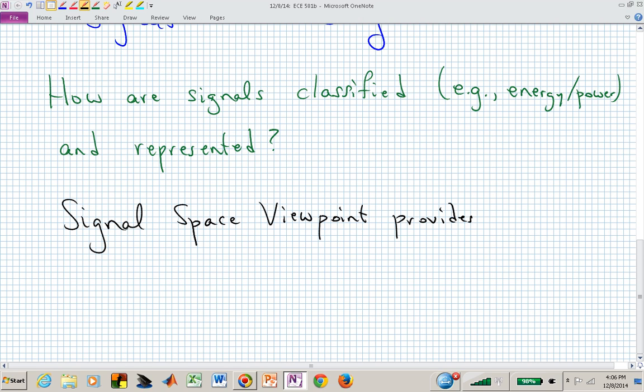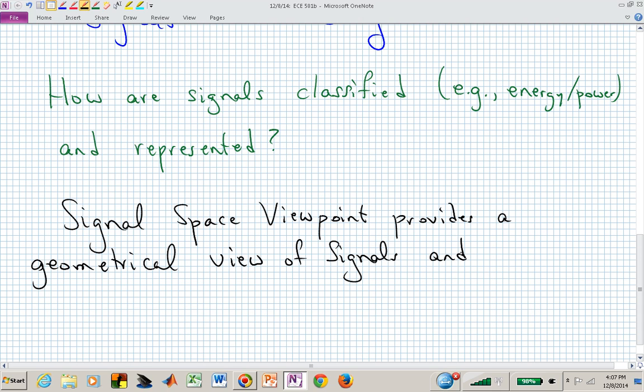So this signal space viewpoint provides a geometrical view of not only signals, but also of the way that we might process these signals.